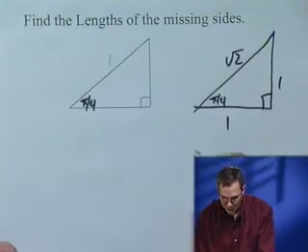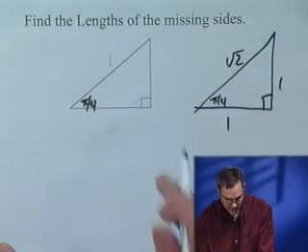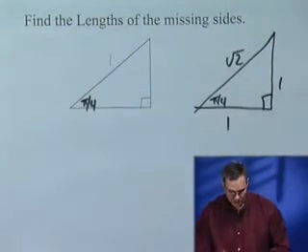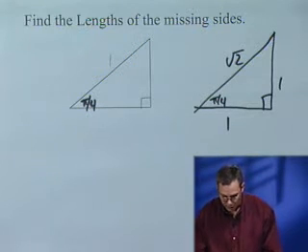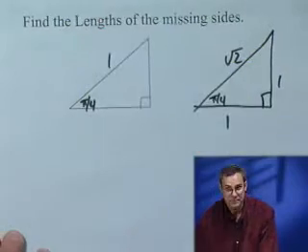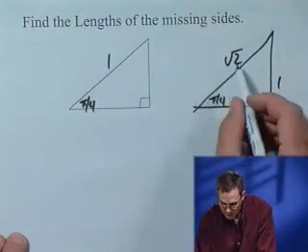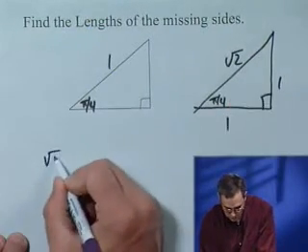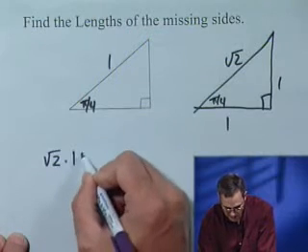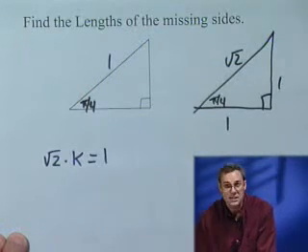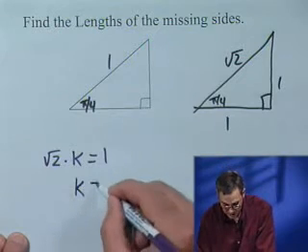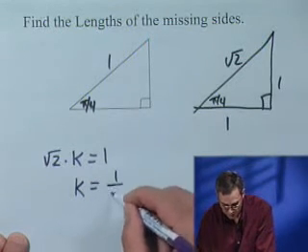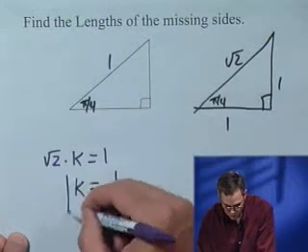Now, how are we going to find the missing sides of this triangle? Well, we simply have to find out what that constant K is. Well, I'm given this side as 1. Okay? So I know that square root of 2 times some K must equal 1, and we'll solve for K. So K is equal to 1 over the square root of 2.